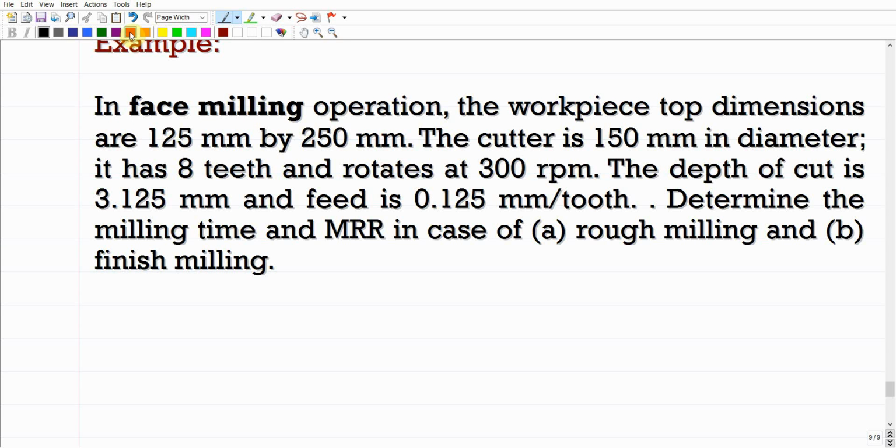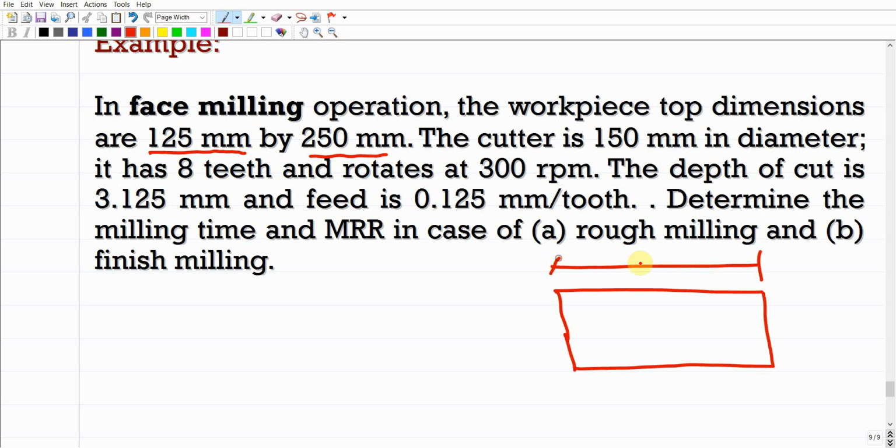So in the face milling operation, the workpiece top dimensions were given as 100 millimeter by 250 millimeter. The length of the work part is 250 millimeter, and the width was given as 125 millimeter.